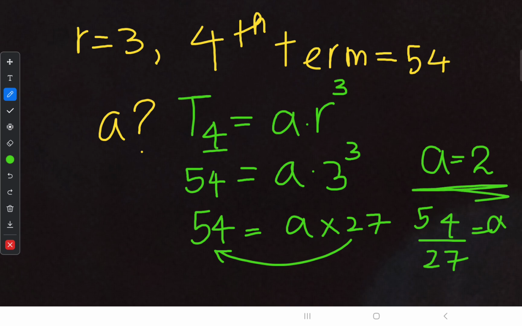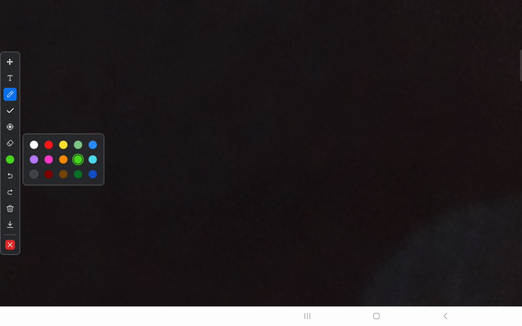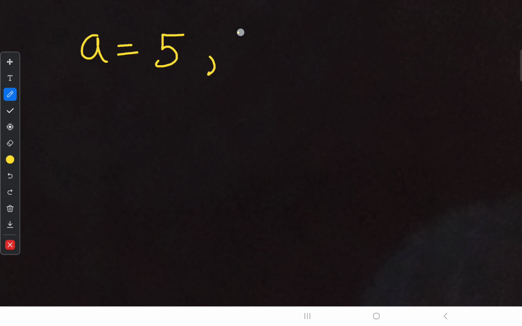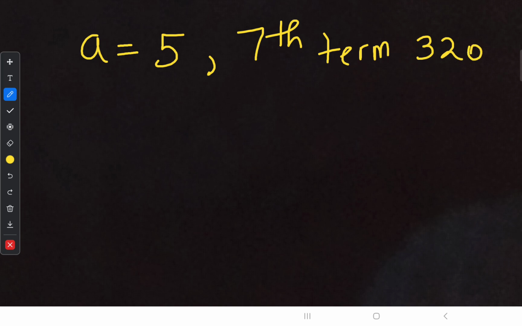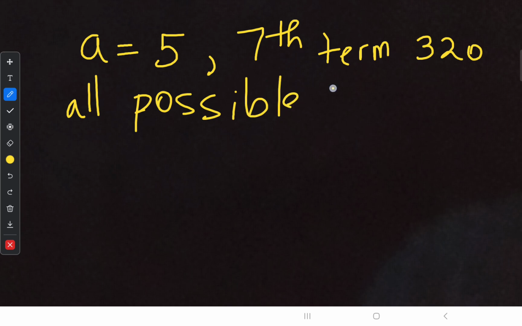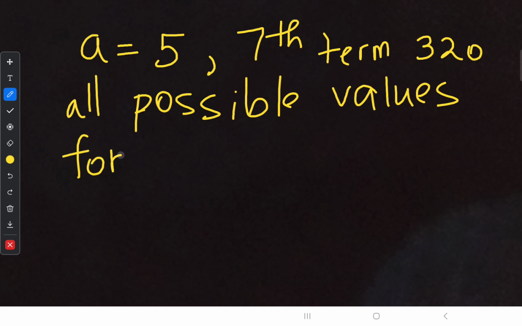Now let's discuss one more question. Here I'll give you a equals 5 and the seventh term of this geometric progression is 320. You should find all possible values for the common ratio.